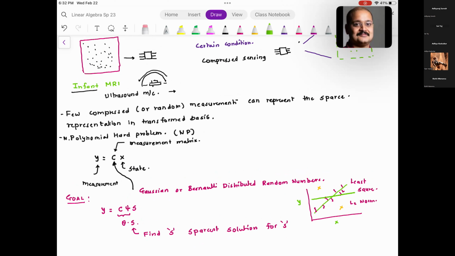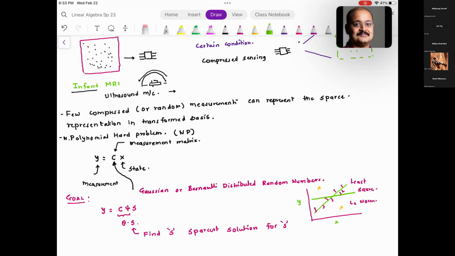So basically in this particular problem, our hope is that S is linearly independent, but S is not fully populated, which means S has a lot of entries that are zeros.